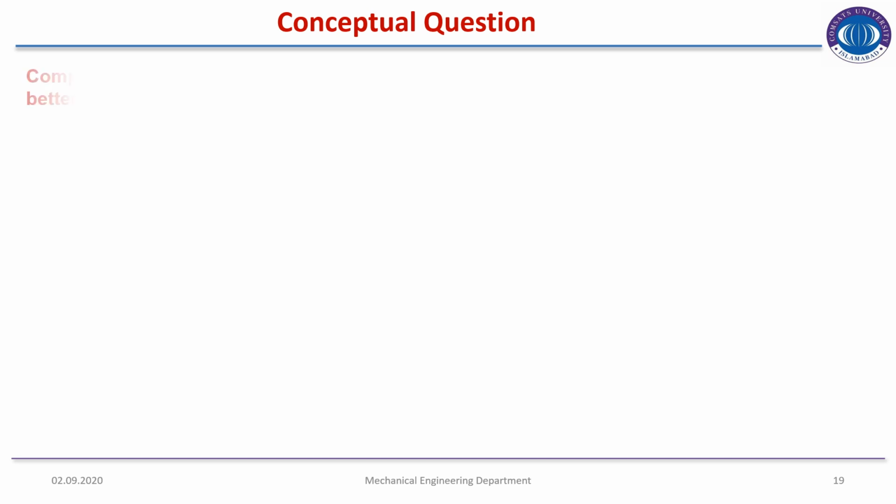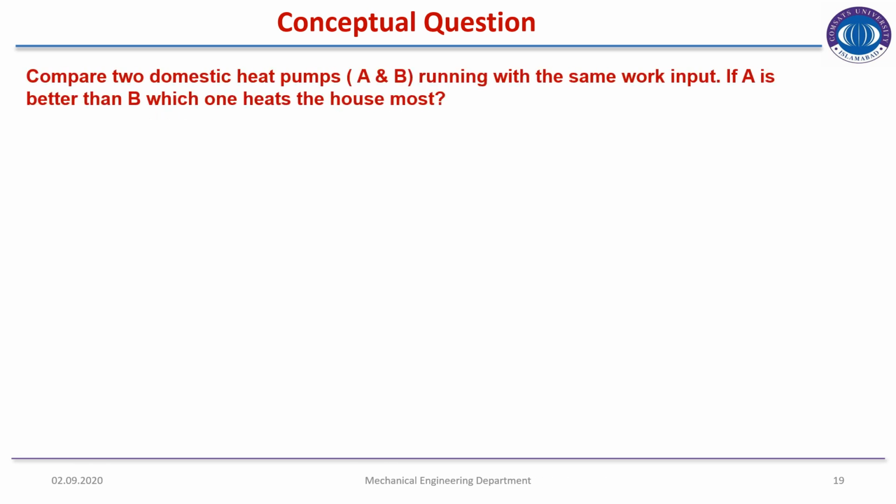Conceptual question. Compare two domestic heat pumps A and B running with the same work input. If A is better than B, which one heats the house most? So as you know, the function of a heat pump is to take heat from the low thermal energy reservoir and reject heat into the high temperature thermal energy reservoir.